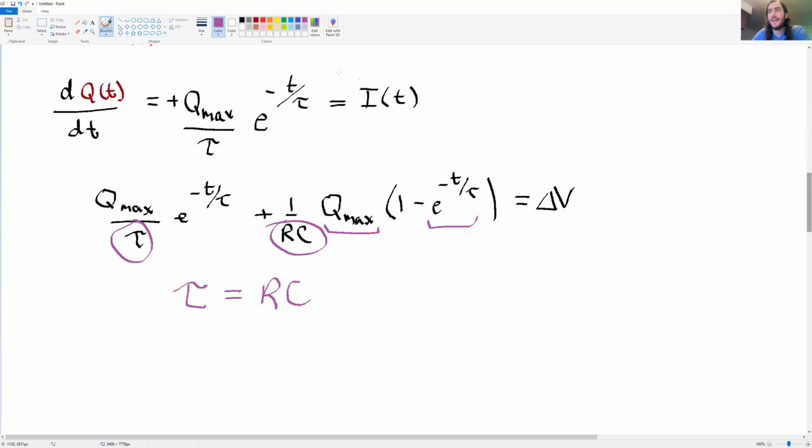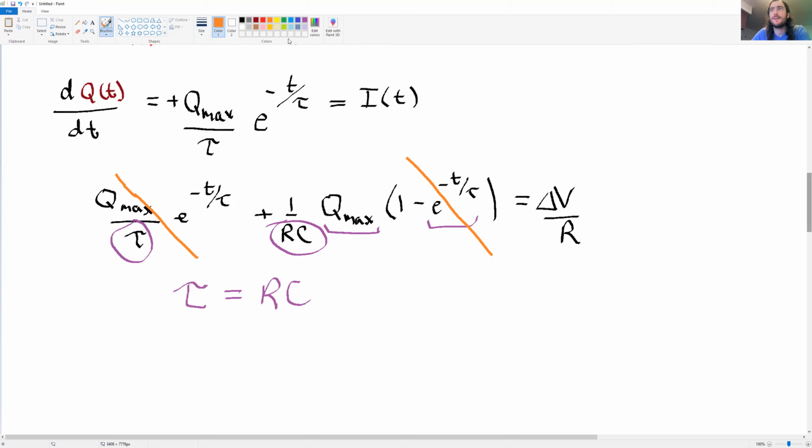And if that is the case, then what we're left with, oh, sorry, it should be delta V over R. I did it again. Divide that delta V by R there. So now we can see that the time dependence pieces will cancel. This term, because it has a minus sign, will cancel with this term here.